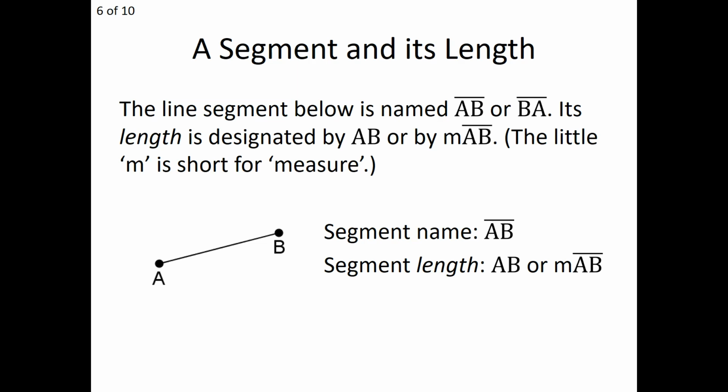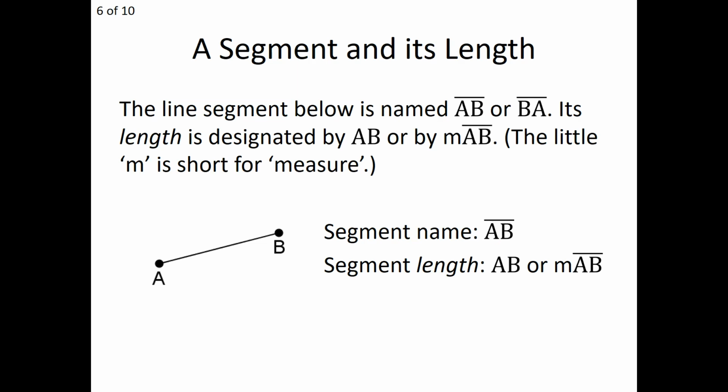But we have to represent the length of a segment and distinguish it from the name of the segment. When we name the segment, that's where we find the little bar over top of our two endpoint names. However, when we want to talk about the length or the measure of a segment, there's a really simple way: just take that bar off. You'll see in our example below, the name of segment AB has the bar over top of it.